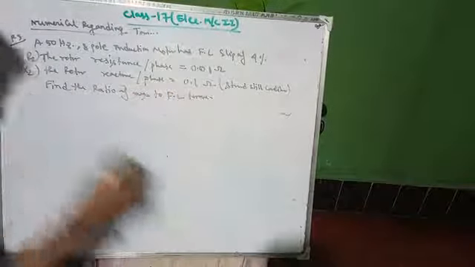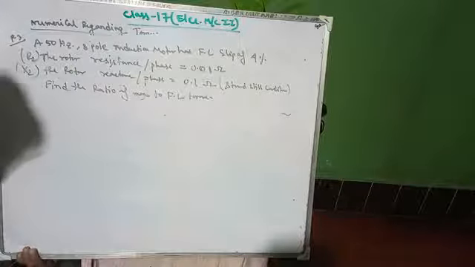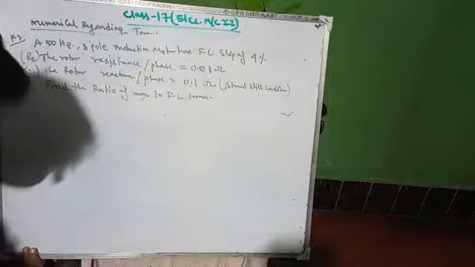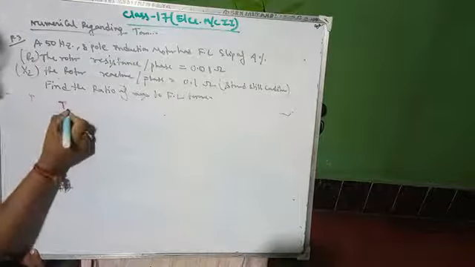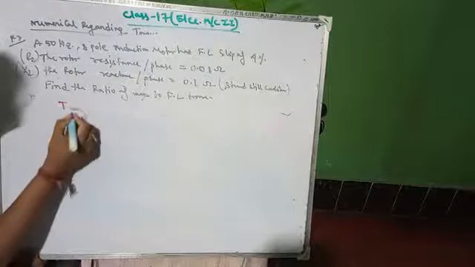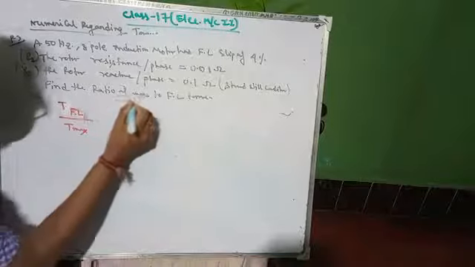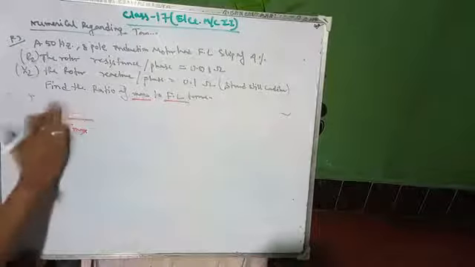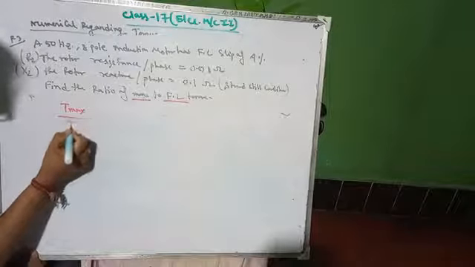I have already used this relation, right? So now again I am writing, TFL by Tmax. But in your question it is maximum to full load, so you have to find Tmax by TFL.